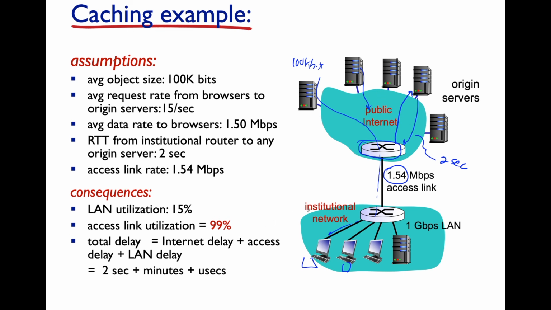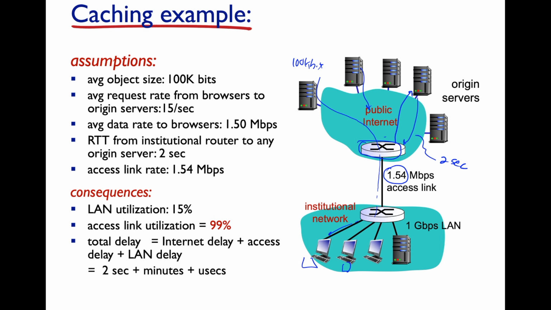And when we talked about traffic intensity, we said the delay gets much, much greater as you get more and more saturated. Your capacity is approached, and 99% you might as well call full capacity. So the access link takes minutes, and then it takes 2 seconds for that last portion to get that traffic from the institution side router in the public internet to the origin server and back.